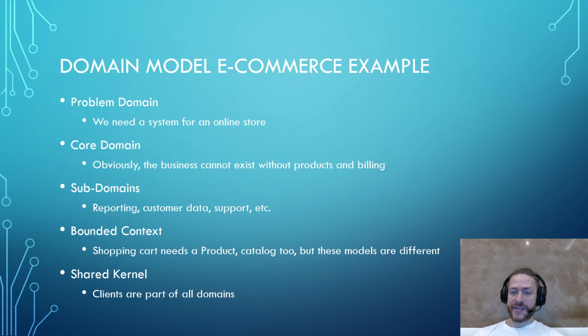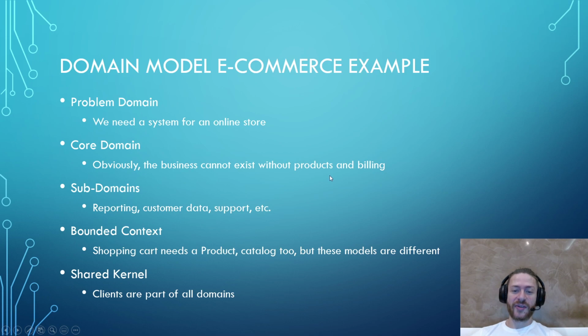Here's an e-commerce example so that you can understand all of these categories better. First, the problem domain. Well, we need a system for an online store. That's the core, the whole problem. Then the core domain.